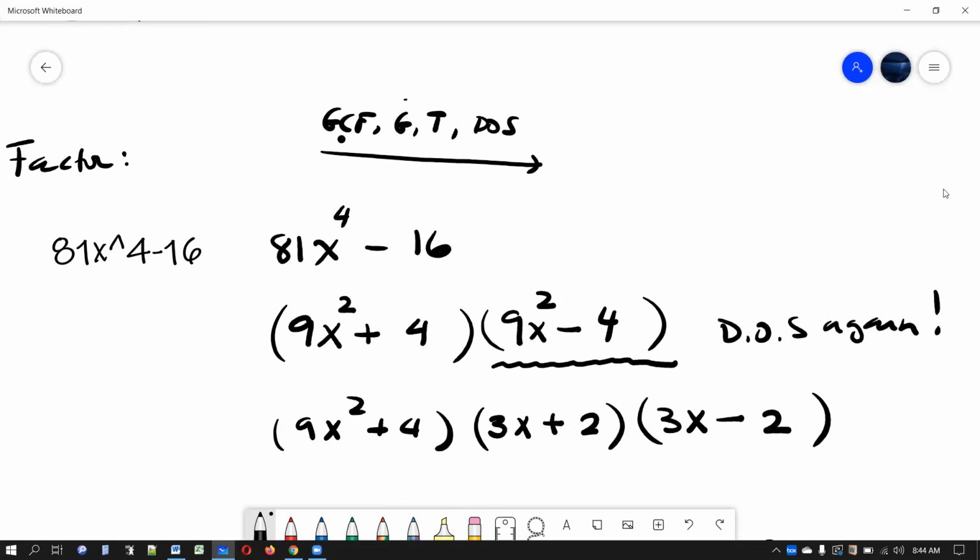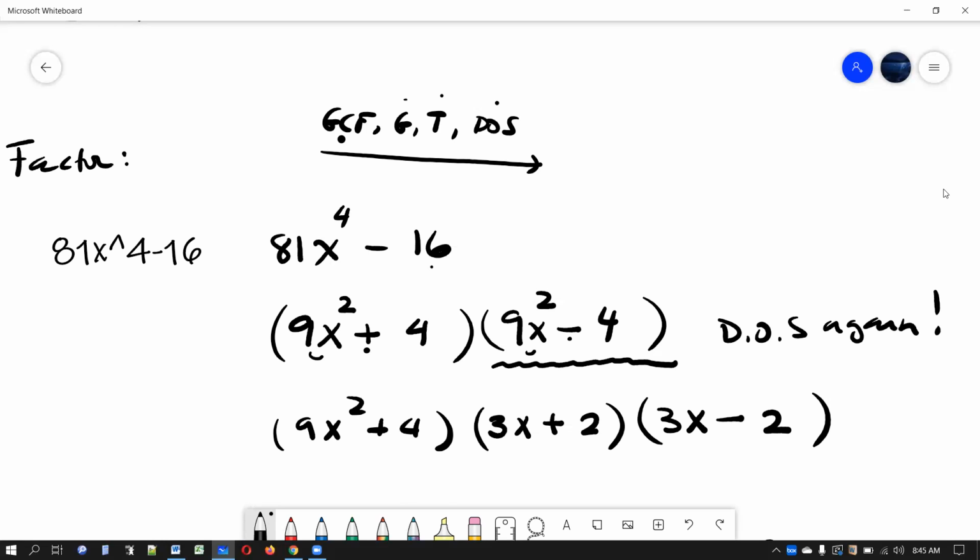This is not grouping because it's only two terms. It's certainly not a trinomial because it's not three terms, and it's difference of squares. So I will factor 81x to the fourth minus 16 by difference of squares. I will get 9x squared here, multiplied gives me 81x to the fourth. One is a plus, one is a minus, and 4 times 4, which is 16.